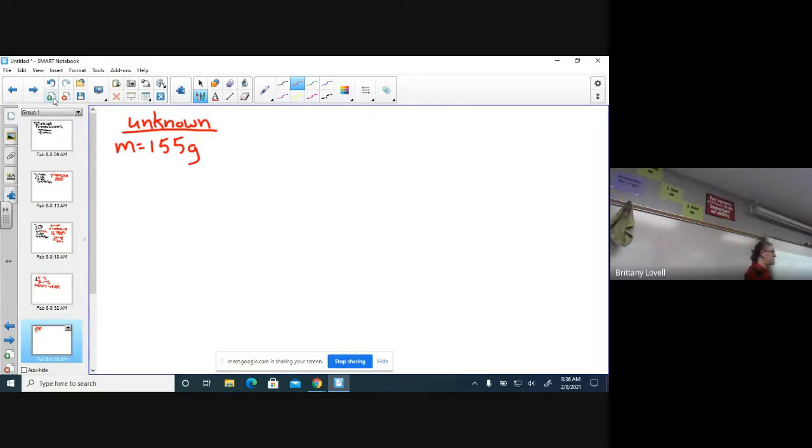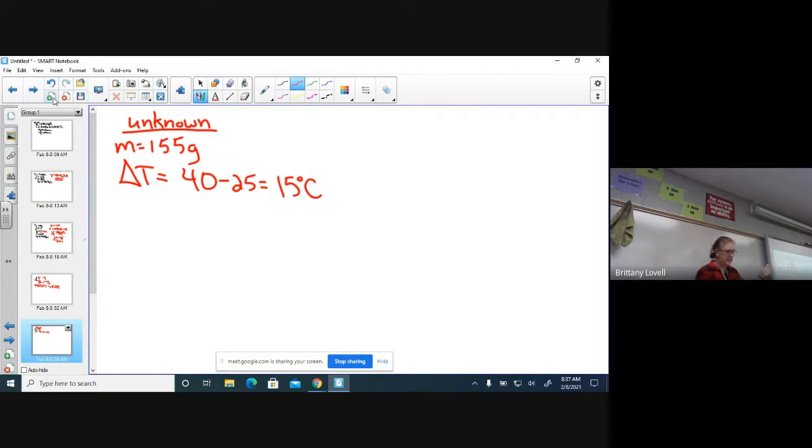Yeah, the change in temperature, the delta T, which was final minus initial. The final temperature, where did it land? 40, right? So 40 minus 25 would be 15. So 15 degrees Celsius is our change in temperature, okay? That's all the information that we know about the unknown.